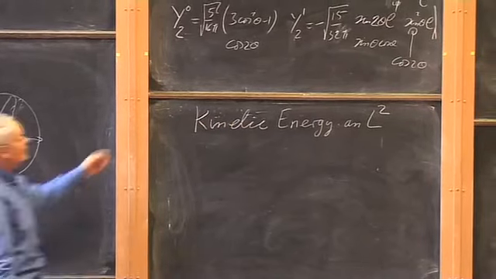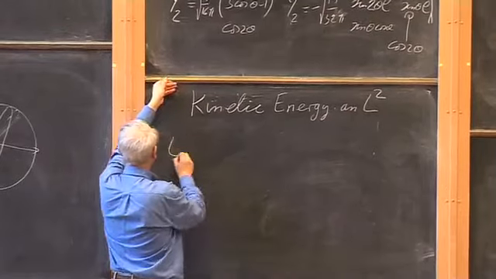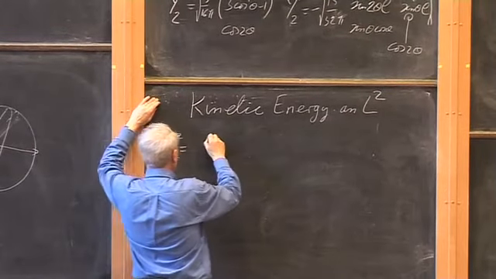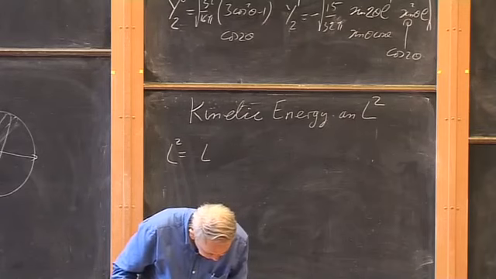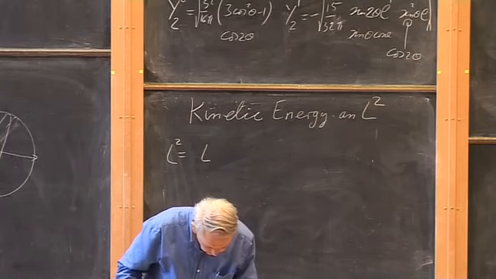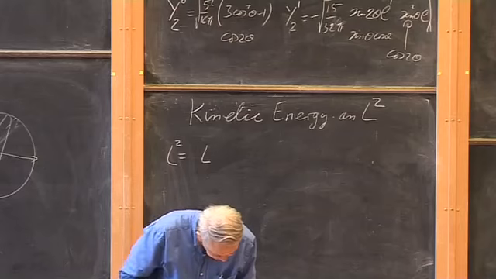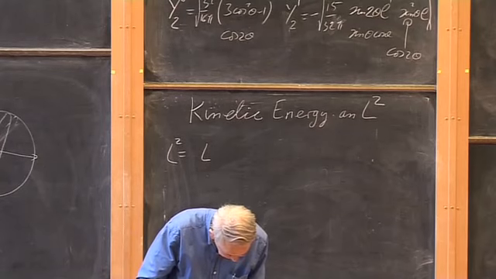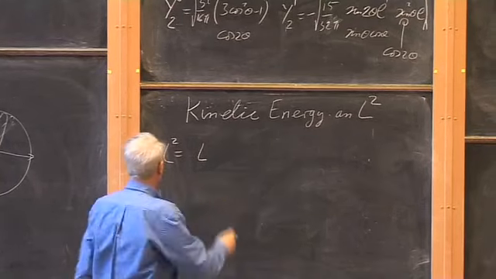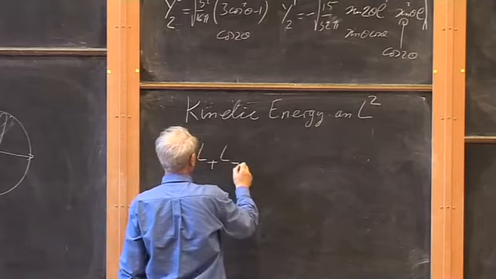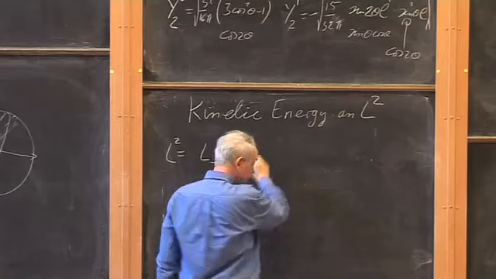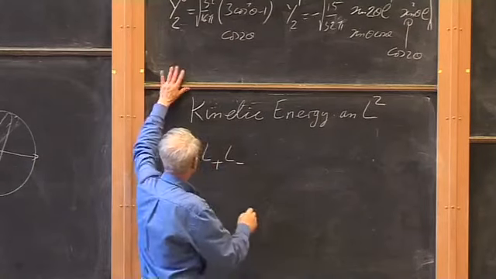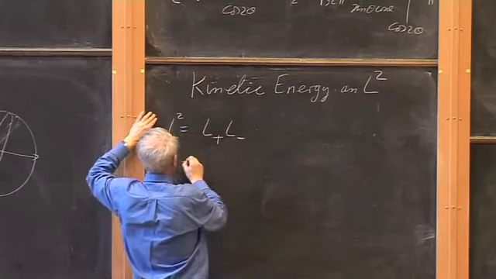So we start by observing that L squared can be written as L plus L minus. Let's see what we're going to have to add to this to make L squared.